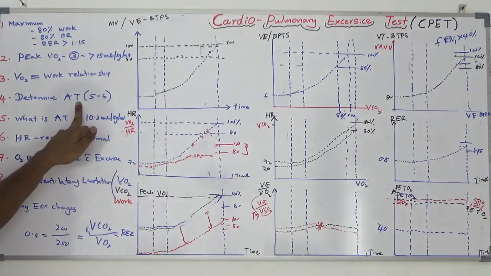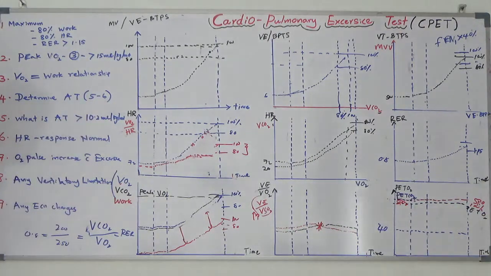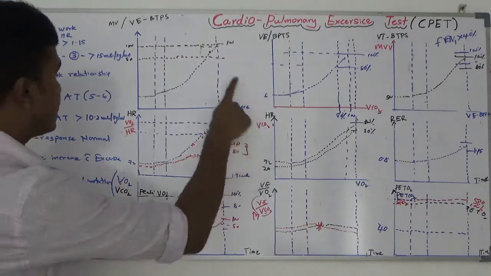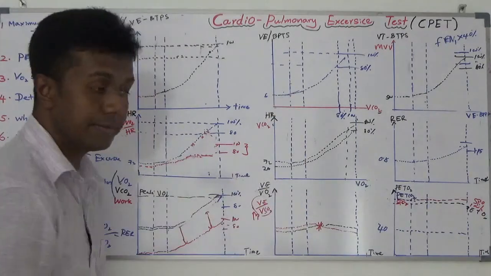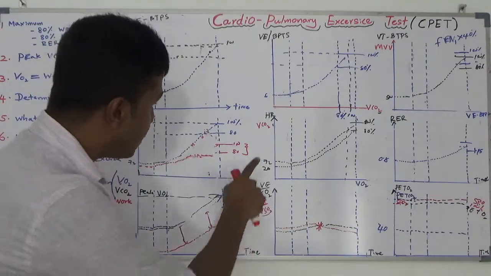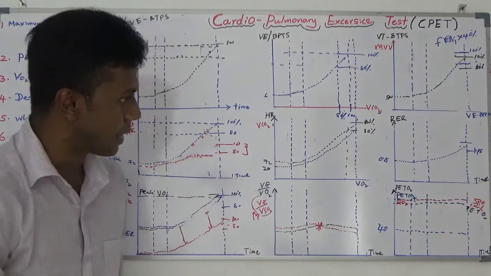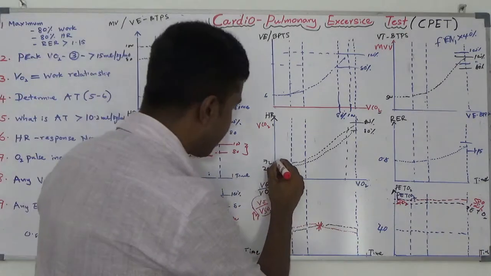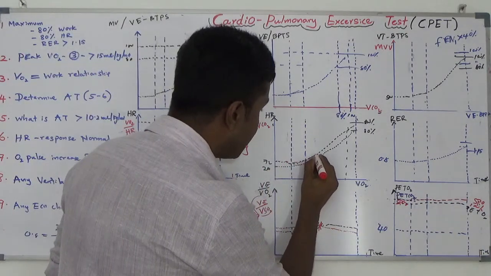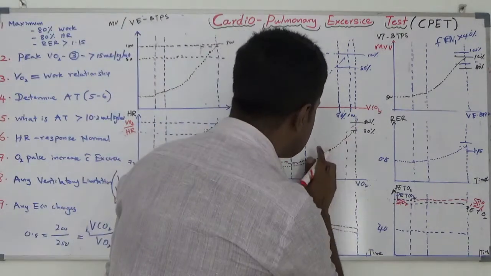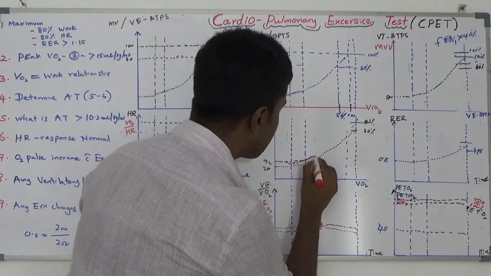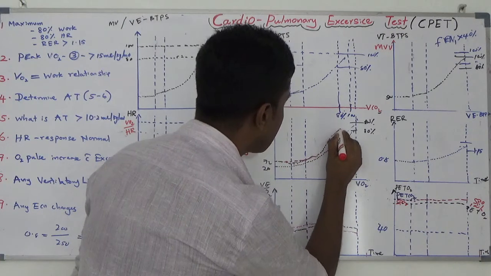the anaerobic threshold here. For checking the anaerobic threshold, you have to utilize graphs 5 and 6. 1, 2, 3, 4, 5 here. If you carefully look at the VCO2 graph here, when the graph comes to here, suddenly carbon dioxide increases a little bit, like this.